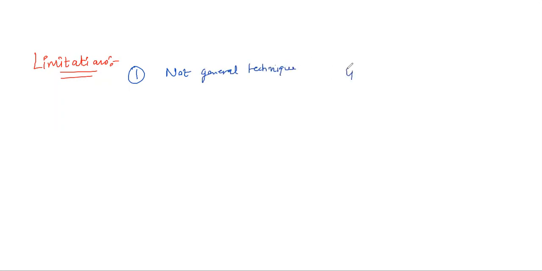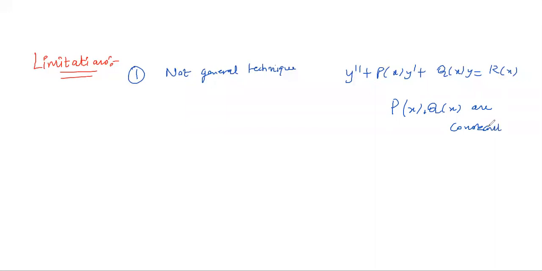One limitation, if you remember, was this general type. Bear with me, sometimes I use small p, q, r and sometimes capital P, Q, R, but it's one and the same thing. So this is what our general second order differential equation looks like, in which if p(x) and q(x) are constants, then R(x) is there but P and Q are constant.